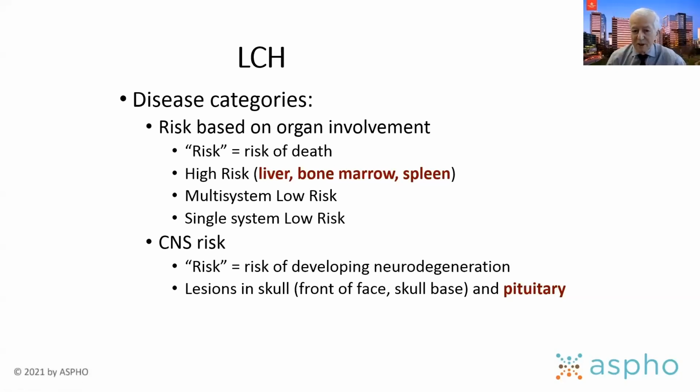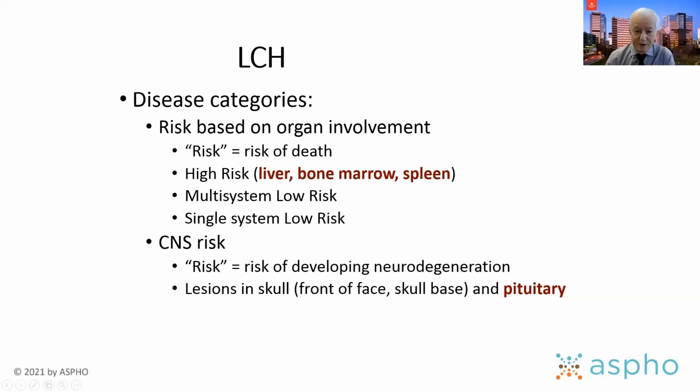So the multi-system patients of the low risk category are those children who have any organ system except the 3 mentioned for the high risk, and they usually include the skin, bones, lymph nodes, pituitary, but may also include the lungs and other organs. Some patients have more than one system involved, and they're called multi-system low risk, and then there are patients with just one system involved.